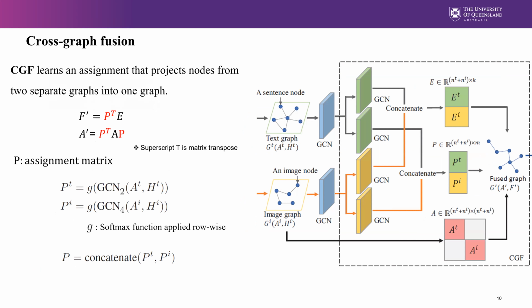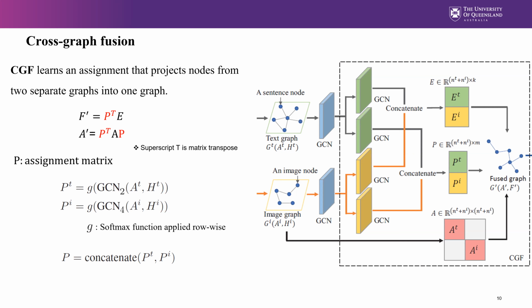CGF, the so-called cross-graph fusion, learns an assignment that projects nodes from two separated graphs into one graph. The assignment is achieved by a learned assignment matrix P. So here we can find, in order to get F prime and A prime, we need to know P, the so-called assignment matrix.